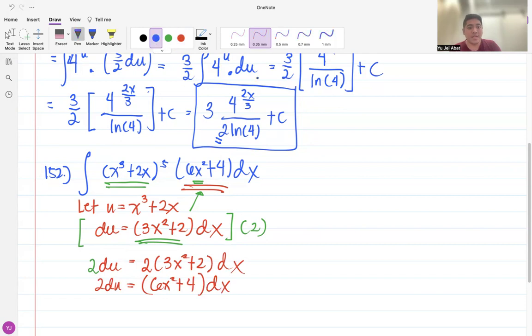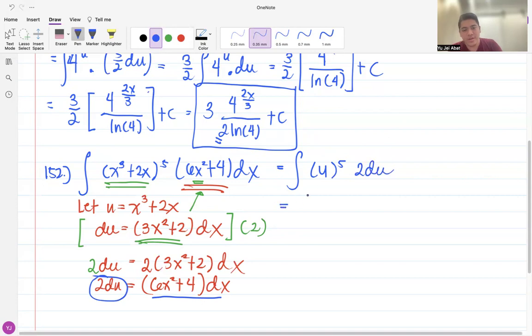So we can now substitute. You have x cubed plus 2x, which we let as u, raised to 5. And 6x squared plus 4 dx equals 2 du. So you now have 2 u raised to 5 du, and this will be just the power rule.